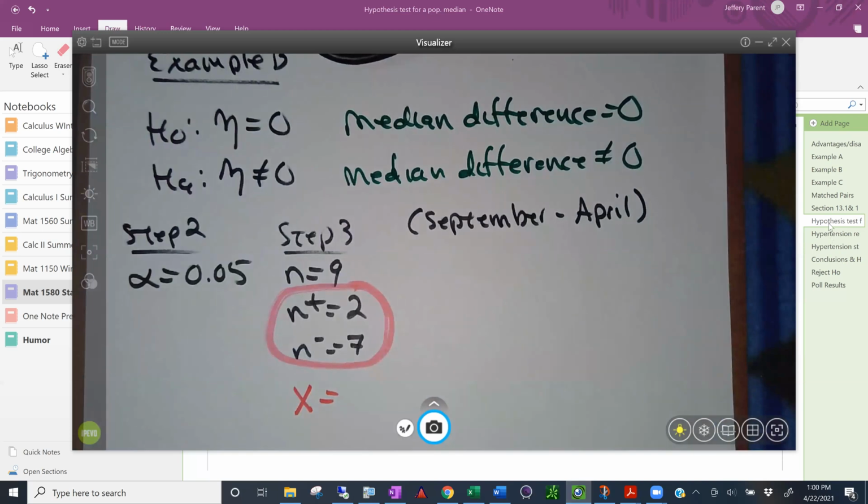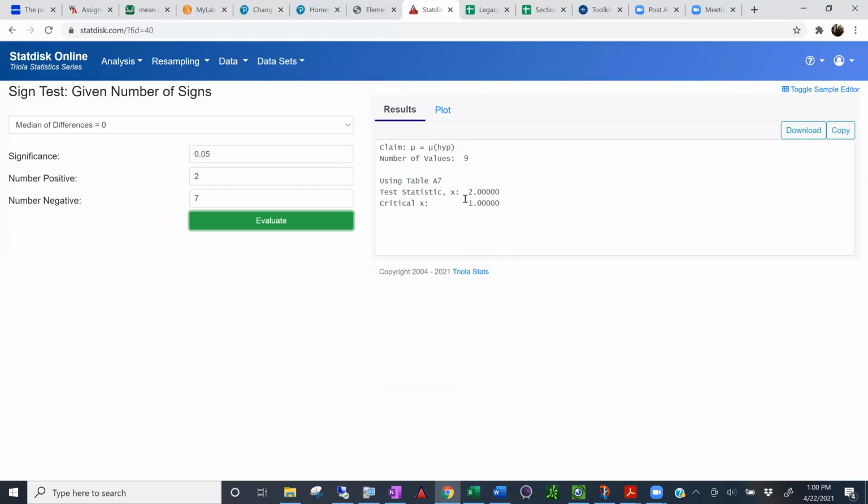So let's see what we're going to do here. Let me go back to StatDisk. There's your critical value. Here's our test statistic. You're going to reject H0 if the test statistic is less than or equal to the critical value. Is 2 less than or equal to 1?